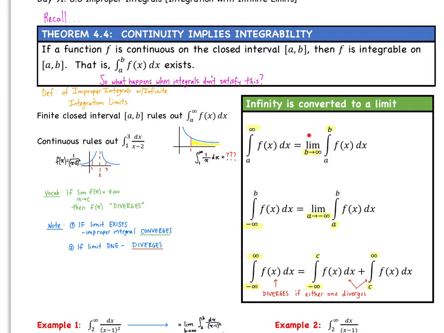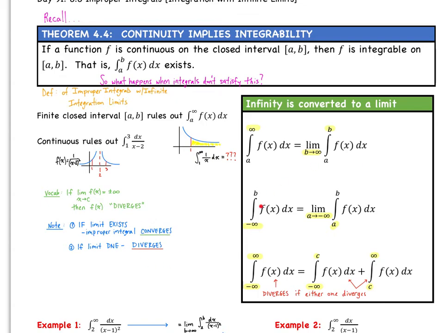The same kind of goes here. If our limit, after we integrate, gives plus or minus infinity, we would call that a diverging integral. Now, if we're talking about improper integrals, if the limit exists, then the improper integral converges. If the limit does not exist, then it diverges. We're going to be using this vocabulary.